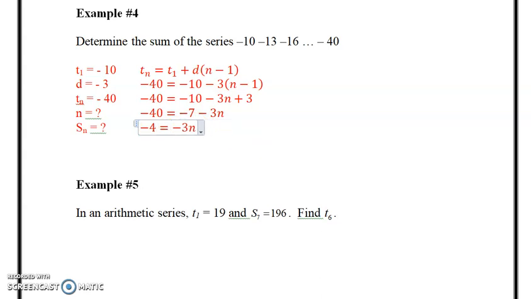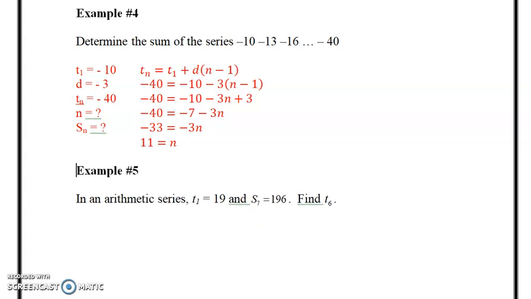Adding 7 to -40 will give us -33. And then the final step will be dividing by -3. When you divide by -3 on both sides, you would get n equal to -33 divided by -3, which gives us +11. So we have 11 terms in the series.